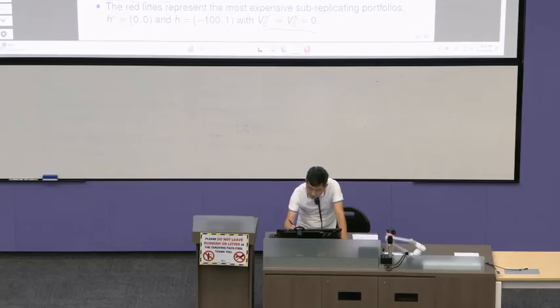But consider this black line, let's denote it as HB. You will find that at maturity my H star is always bigger than my HB.